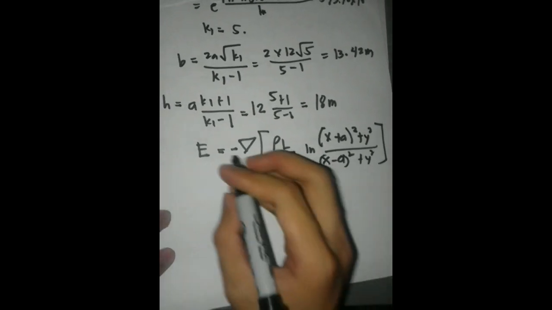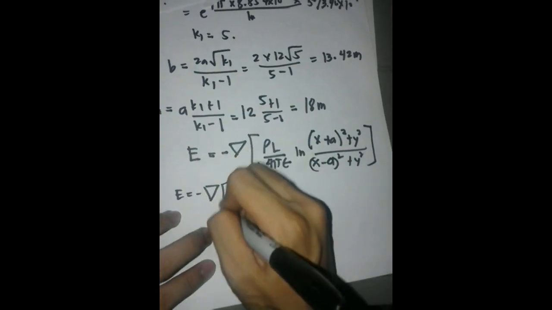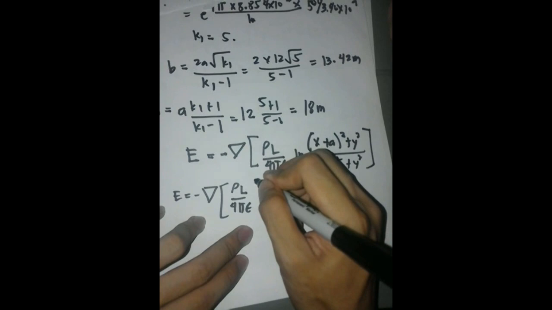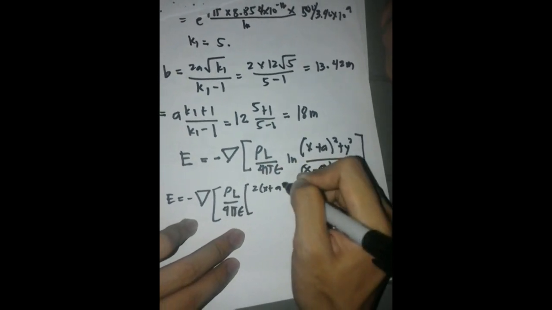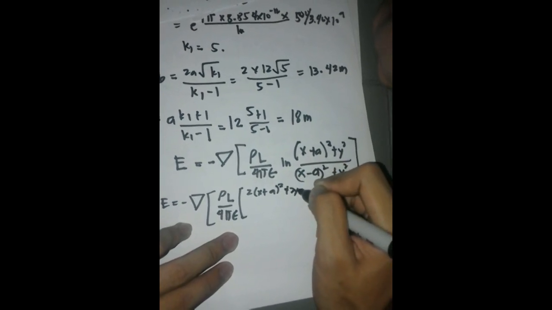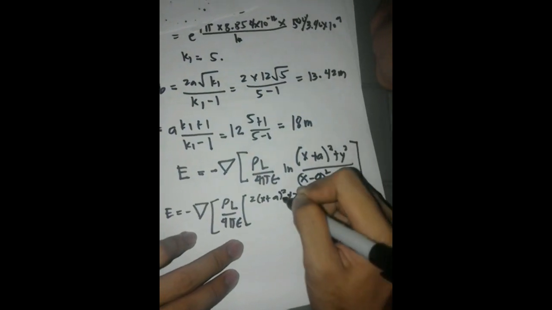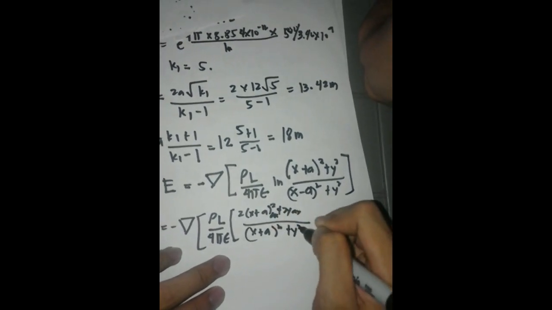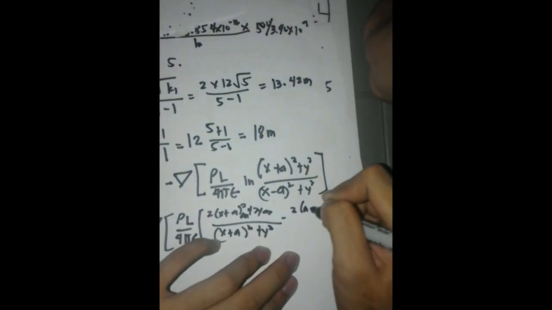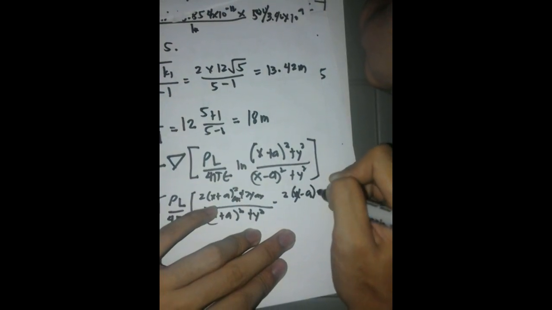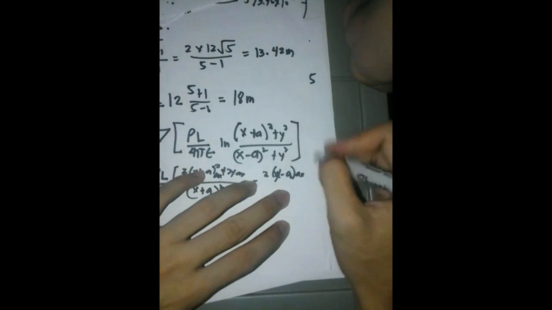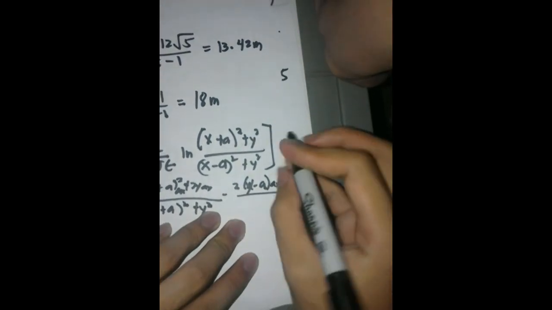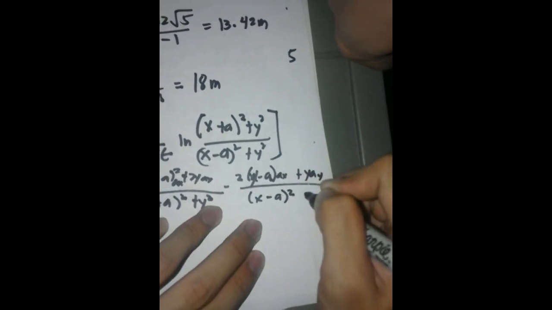Thus, E is equal to rho L over 4 pi epsilon multiplied by 2 times x plus a squared plus 2y over x plus a squared plus y squared, and 2 times x minus a a sub x plus y a sub y over x minus a squared plus y squared.